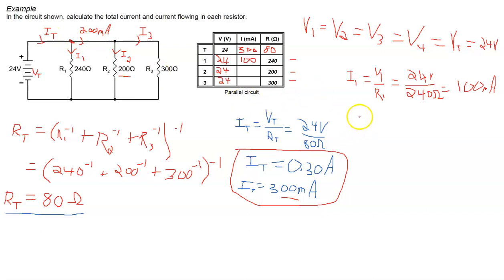Okay, so then if we apply Ohm's law to resistor number 2, I2 is equal to V2 divided by R2. And again, the voltage is 24 volts. And we divide that by 200 ohms for R2.